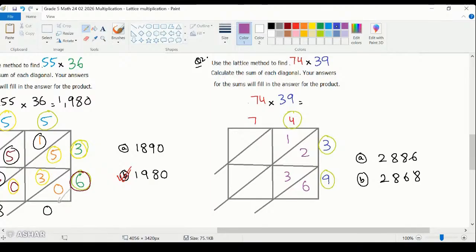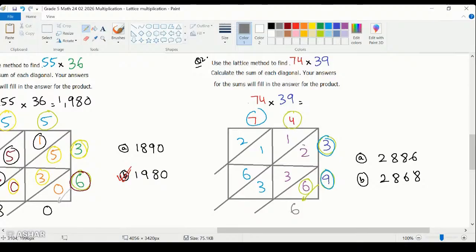Option A, option B. Then 7 multiplied by 3 was 21. 7 multiplied by 9 is 63. What we need to do is add the diagonals. One number, this should end on a 6, right?